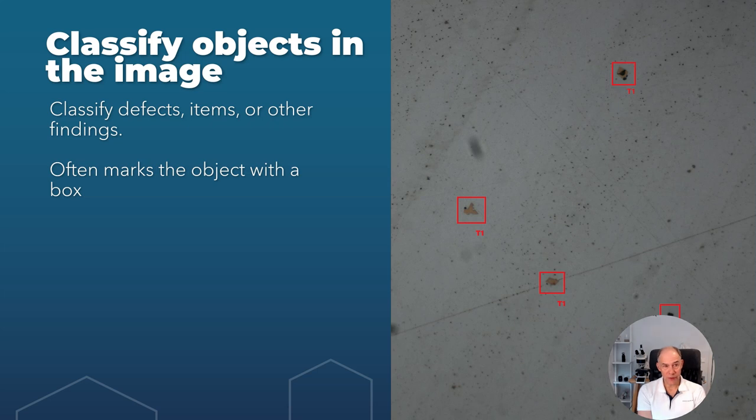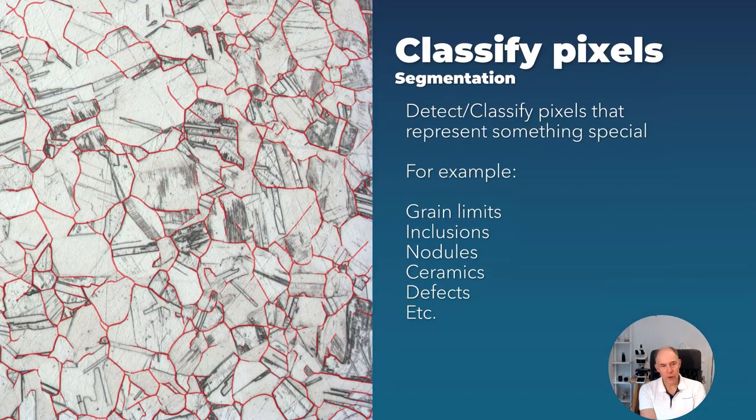You can classify defects, items, or other findings. In this case, the objects found are often marked with a box, and each box got a classification. And the third way of using AI is to classify each individual pixel in the image.